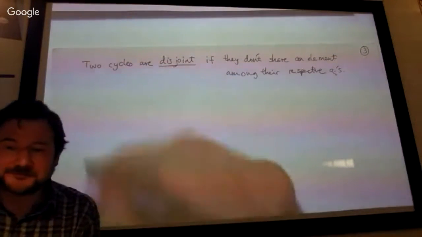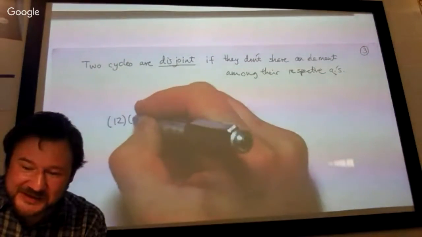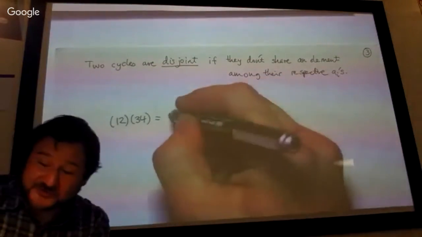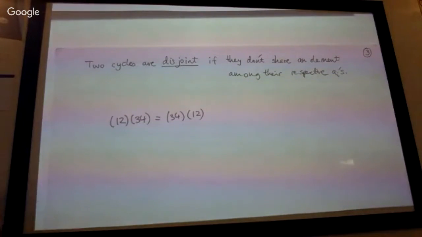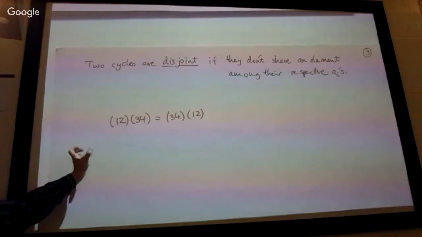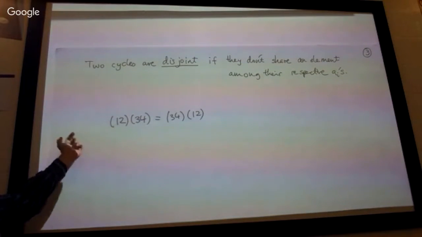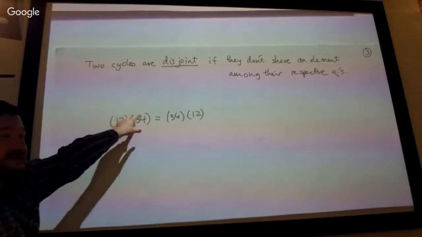Now the thing is, with disjoint cycles, we've got this one particular property. (1 2) times (3 4) is, well, (3 4) times (1 2). That seems almost like a non-statement, because the cycle notation for permutations already uses this fact that if you have 2 cycles, it doesn't matter in what way you do it, because this bit only shuffles the 1 and 2, and this bit only shuffles the 3 and 4.